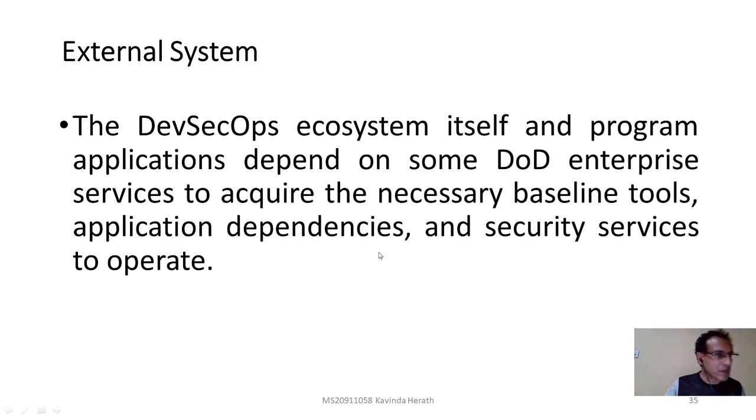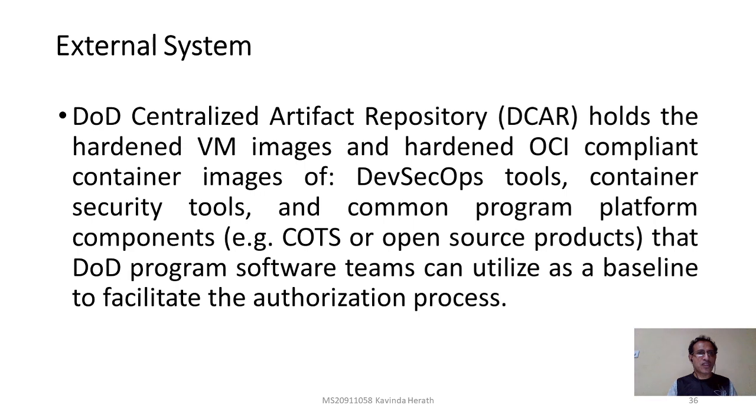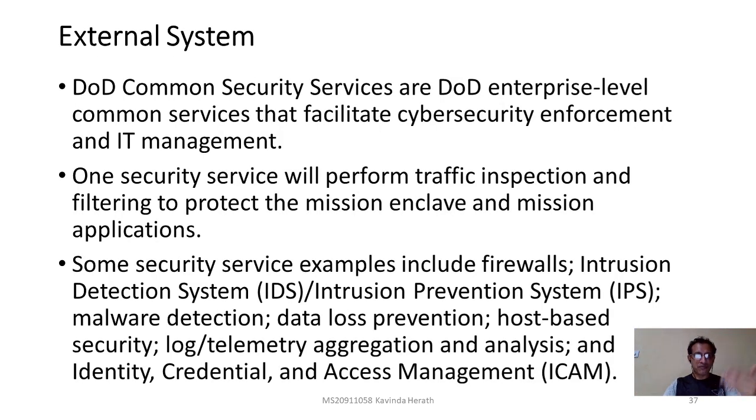For the external system, the DoD centralized artifact repositories hold hardened virtual machine images and hardened OCI-compliant container images of DevSecOps tools, container security tools, and common program platform components. The internal and external systems ultimately amalgamate into the system implementation process.